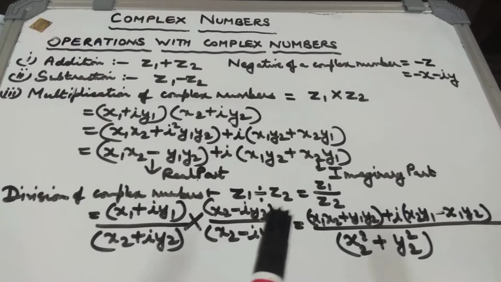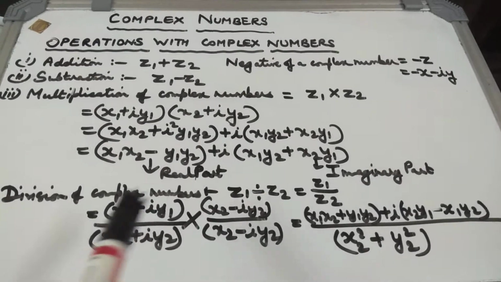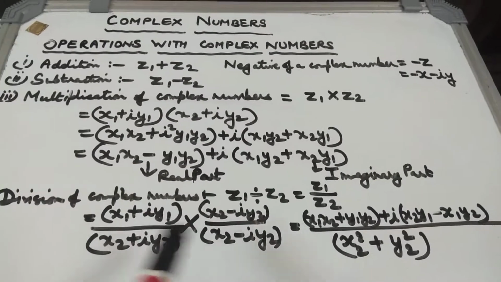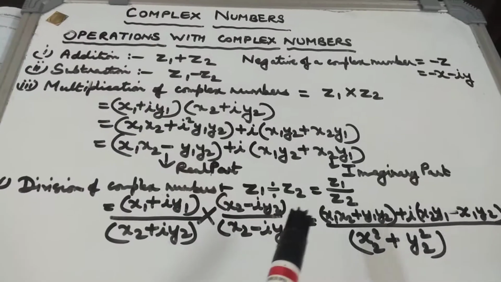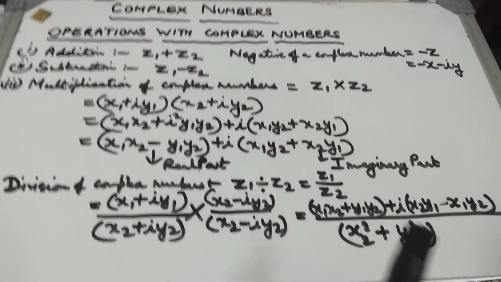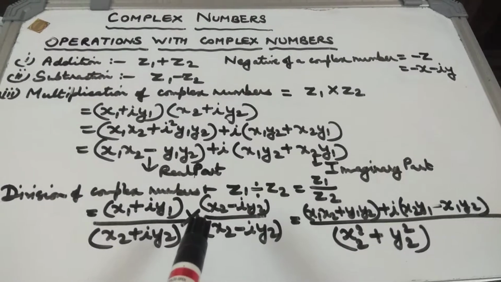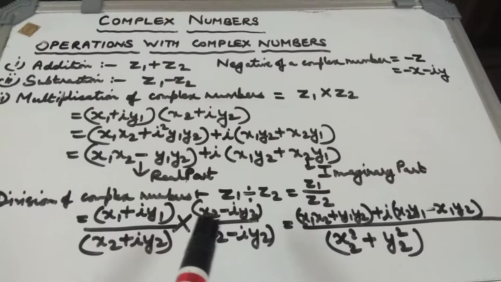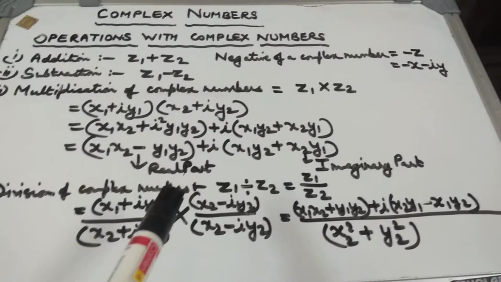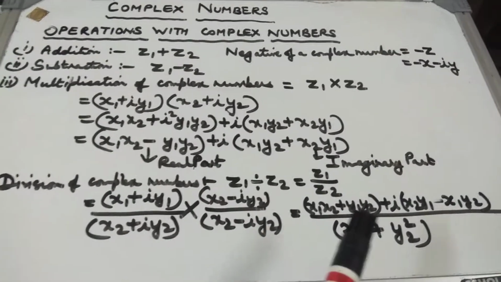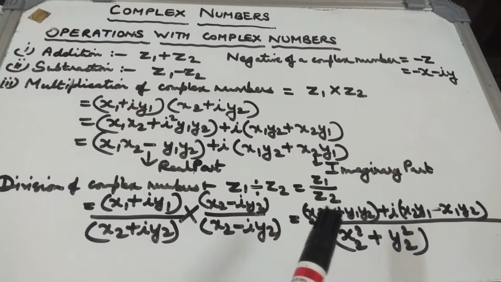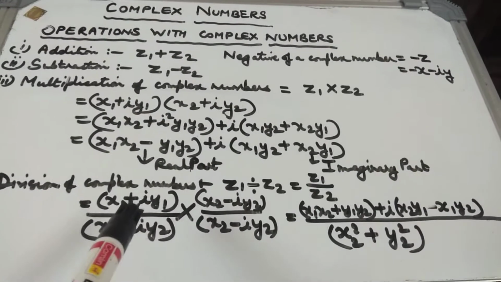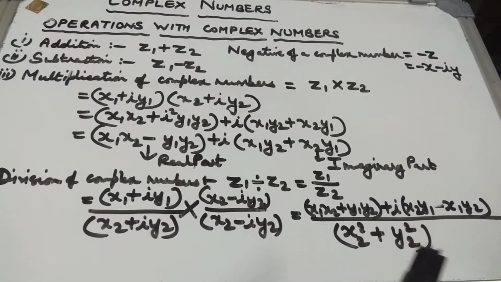And in the numerator, multiply term wise, as I have shown in the multiplication just now. Same procedure is used here, and write real part and imaginary part separately. So obviously x1 x2 minus i square into y1 y2, and because of minus i square, when you replace by minus 1, it becomes plus y1 y2. So x1 x2 plus y1 y2 plus i into x2 y1 minus x1 y2.